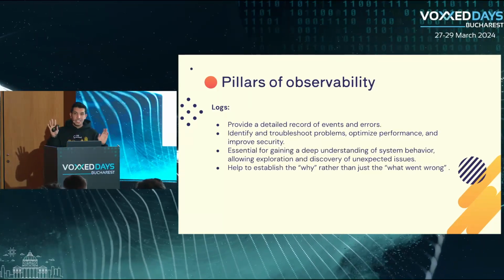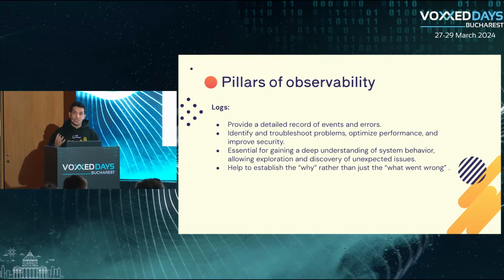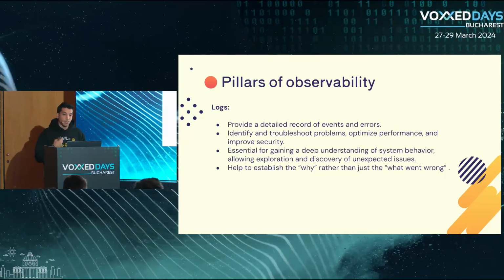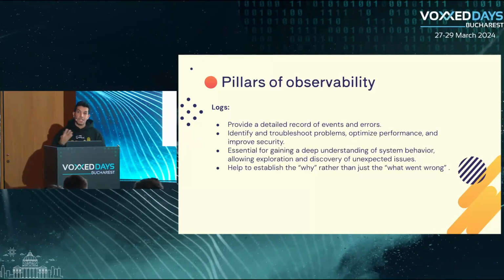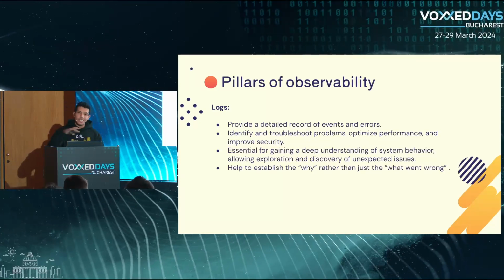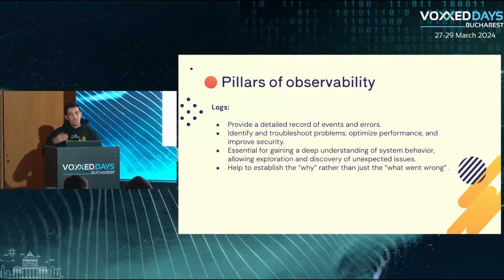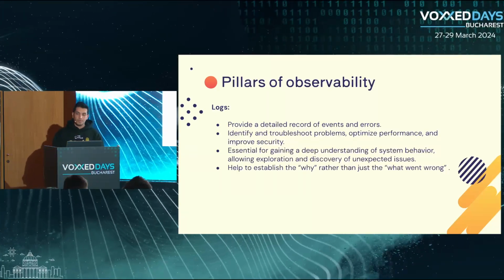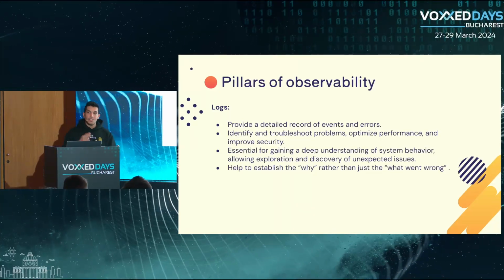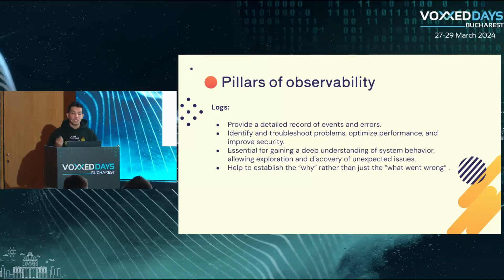They are textual, and they try to provide as much information about our system behavior as possible, allowing us to explore the issues that we have. They're easy to set up. If we believe something is lacking, we add some lines of code, and sometimes we abuse the logs and log basically everything to help us understand why something is going wrong.